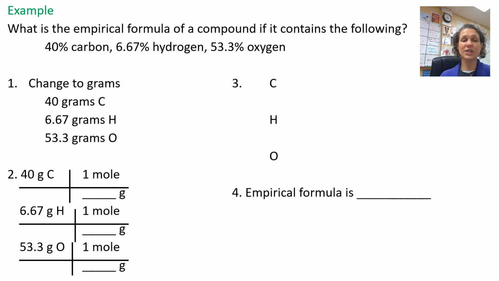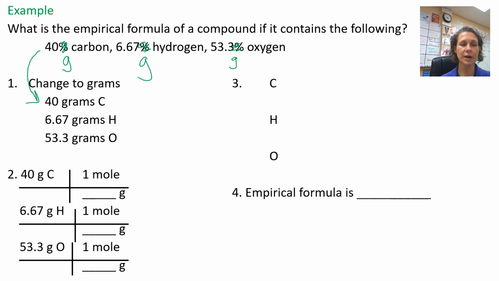Okay, so first step, this one's already done, because basically all you do is get rid of the percents and put grams. Okay, so everything just gets changed to grams. Okay, so that's what's happening here. So that's it. Nothing big. Then the second step is where you take each of those grams and you convert them into moles.